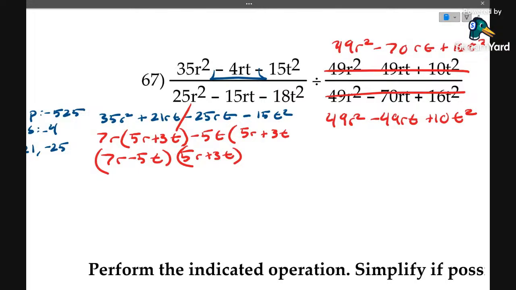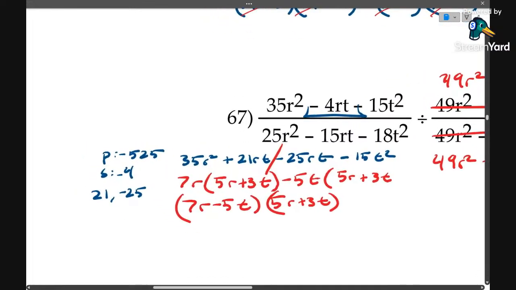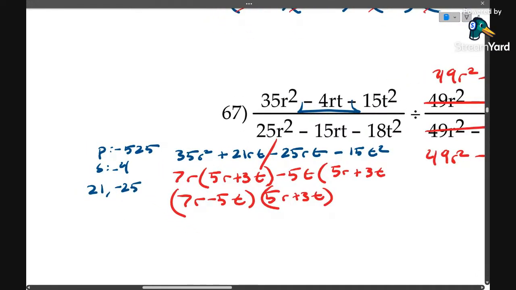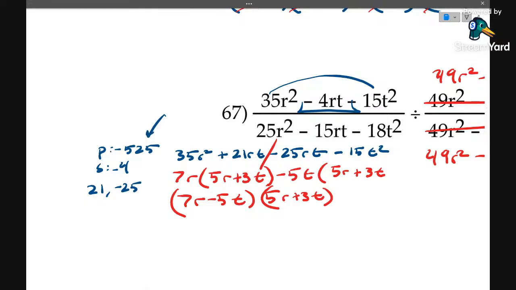I factored the first one. So we started with the first numerator by multiplying 35 and negative 15, getting negative 525, and then looking for a sum of negative 4. That was the numbers 21 and negative 25. So I split the middle term. We did some factor by grouping. That was the first numerator.